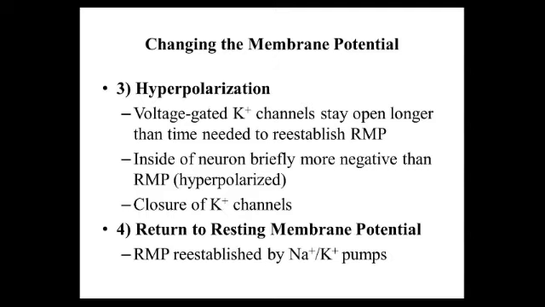So the graded potentials, again, through the process of summation, are going to get this cell either to the point of threshold or not. If we get it to the point of threshold, then the cell produces an action potential. If we don't reach threshold, he doesn't make an action potential. When we talk about summation, keep in mind that he's listening to lots of other neurons that are sending him signals, some of them excitatory, some of them inhibitory.